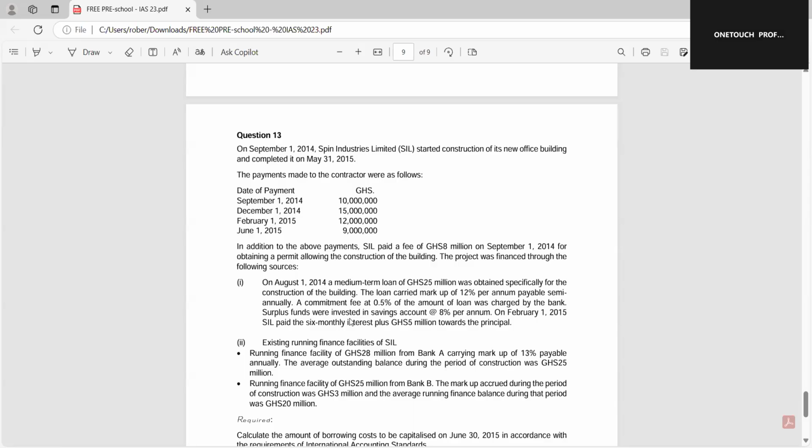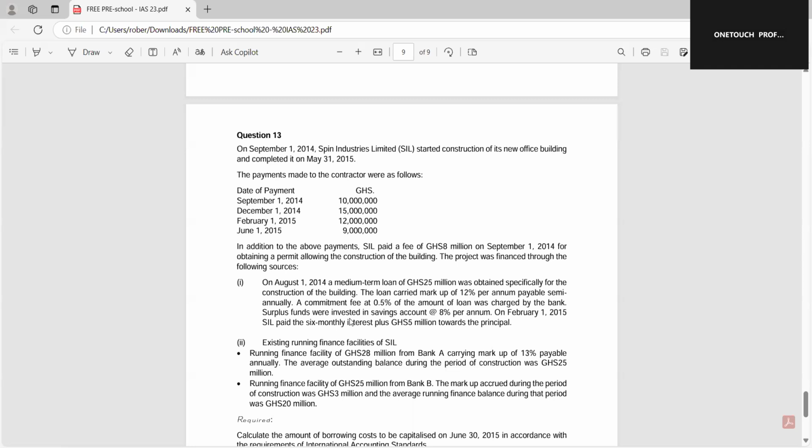If you look at the 25 million borrowing, they said that the markup accrued during the period of consortium was 3 million. You understand? So it means that this markup is for the 9-month period, true or false? Did you agree? That's where my challenge was.